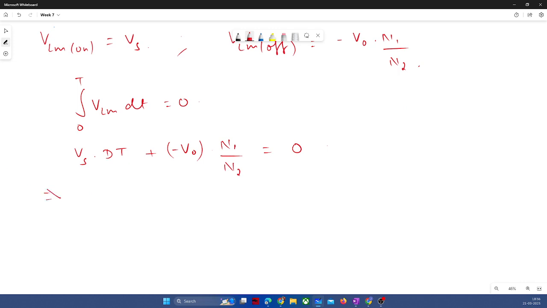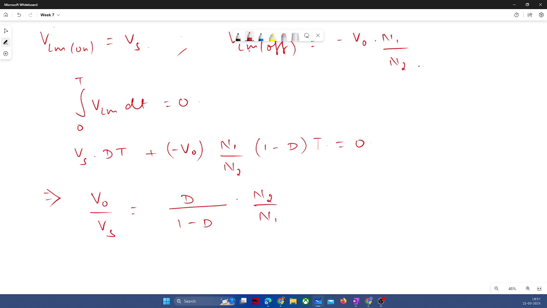So, into 1 minus D T should be there. Yeah, correct, thanks. Into 1 minus D T. As we compute V naught by Vs, yes, we'll get D by 1 minus D into V naught N2 by N1.